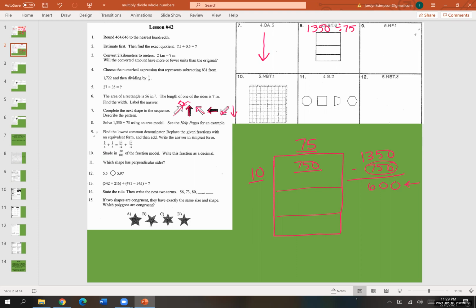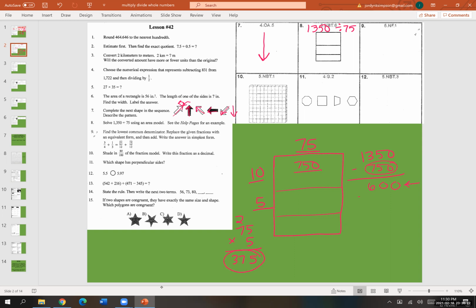So what I'm going to do is do some multiplication over here and do like 75 times 5. See what I get with that. 5 times 5 is 25, 7 times 5 is 35, plus the 2 is 37. So 375. I have enough for 375 to be in that 600. So I'm actually going to put 5 here. And the 5 times the 75 we said was 375.